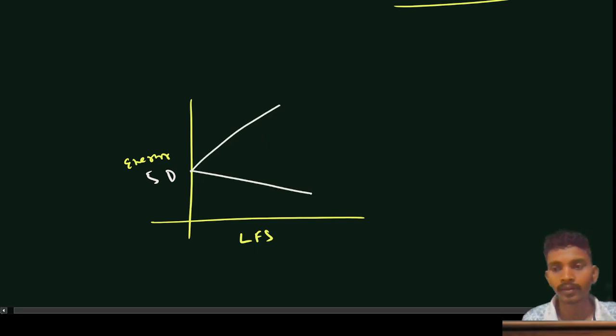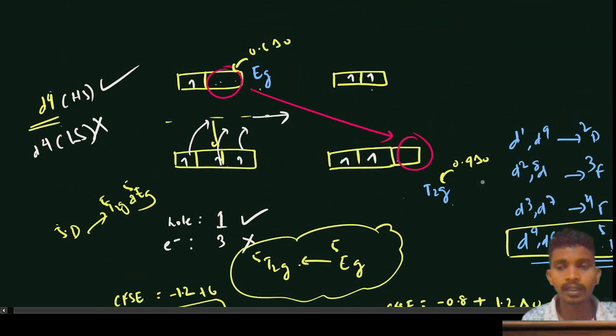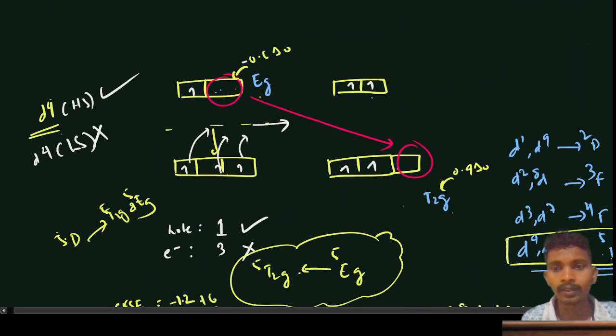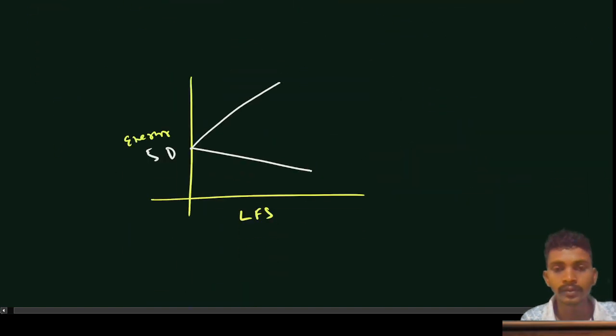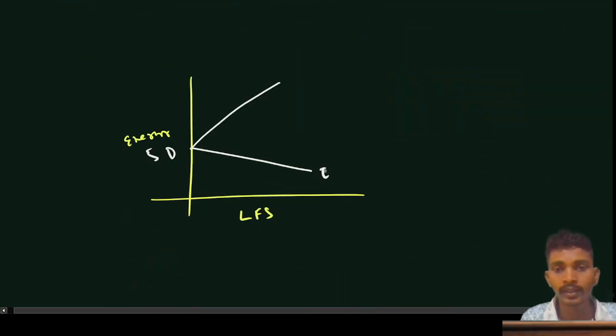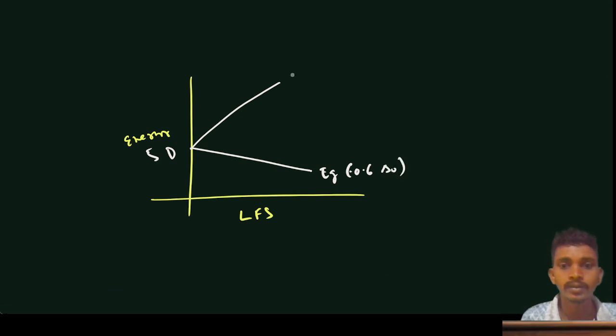Eg energy is minus 0.6 delta naught, meaning low value, so Eg will come here, and this value is 0.4 delta naught, that is the T2g value. So the electron transition happens from here to here. This value is delta naught.